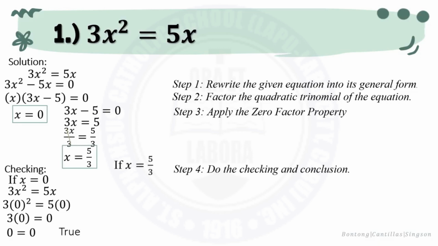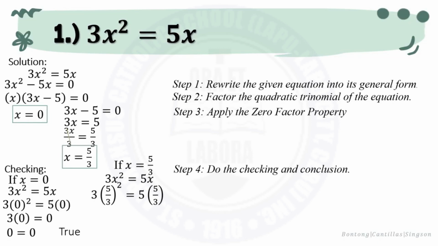Another value, if x equals 5/3, write the given and substitute the value of x, which is 5/3. Remember to follow PEMDAS. On the right side of the equation, you have 5 times 5/3. That would be 25/3, because when you multiply fractions, numerator to numerator, denominator to denominator. On the left side of the equation, you have 3 times quantity 5/3 squared.